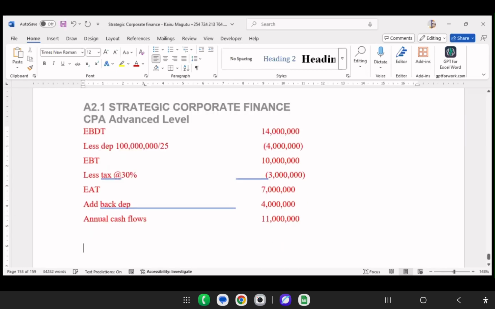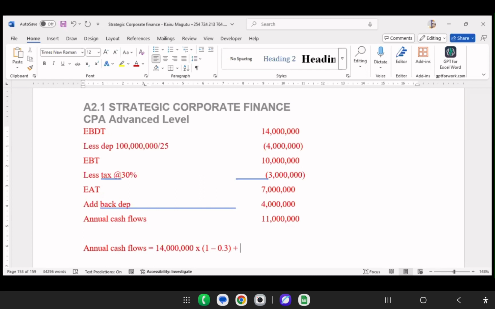We can also try it this way. Annual cash flows is equal to the 14 million, you multiply by 1 minus 0.3, plus depreciation tax shield.